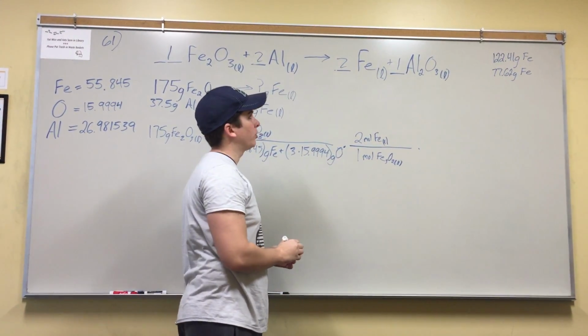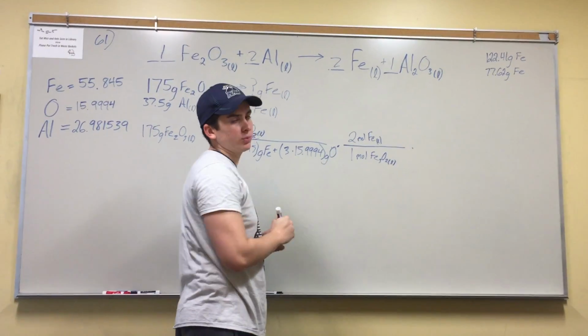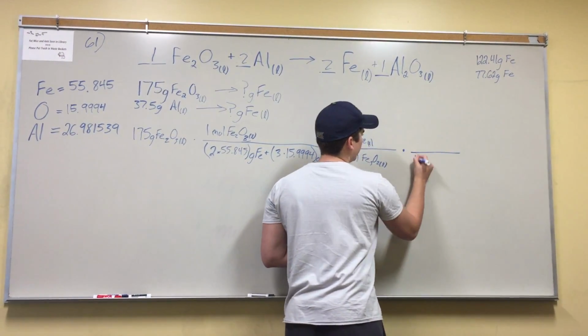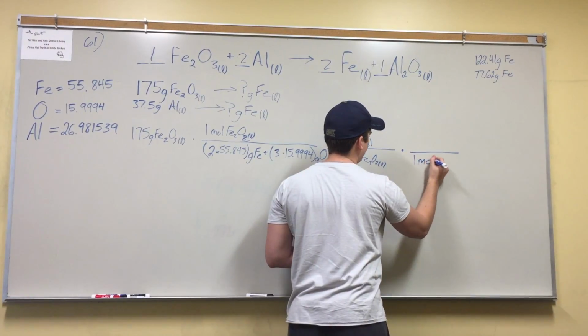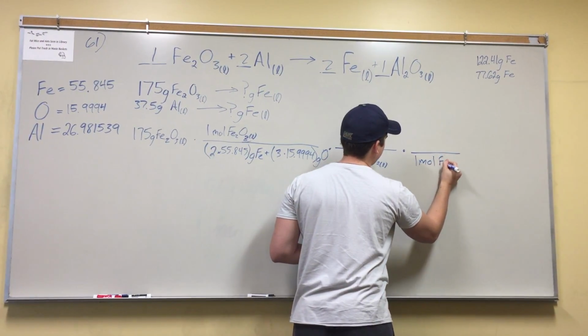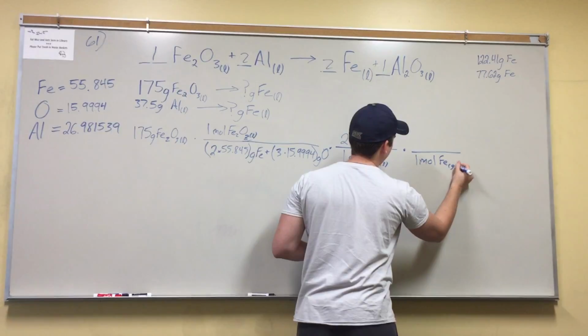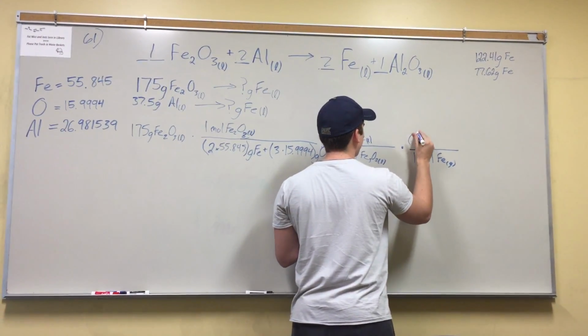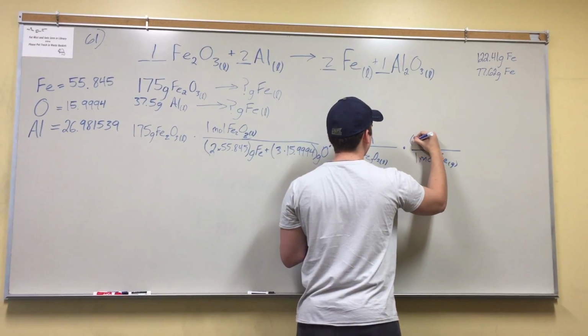We don't want moles of iron, we want grams of iron. To get rid of that, we're going to multiply by the atomic weight of iron by itself.